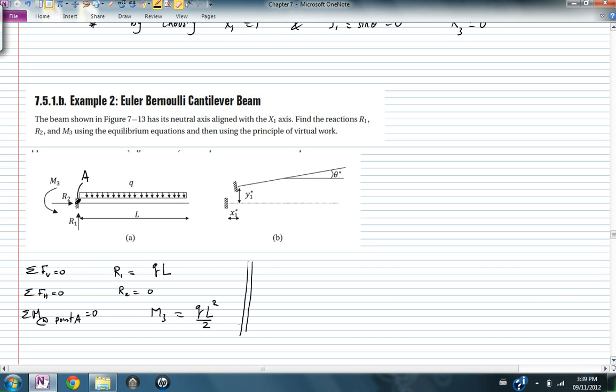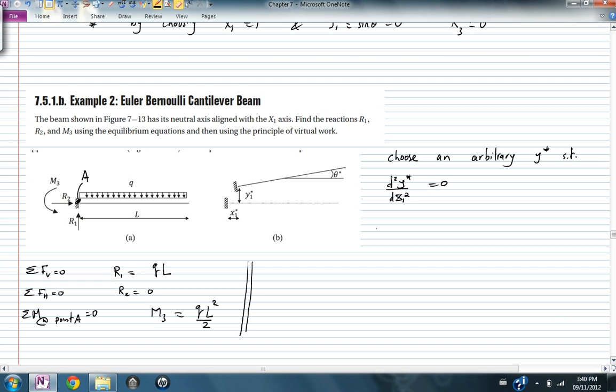So again, we're going to apply a displacement such that the second derivative of that displacement is equal to 0. Choose an arbitrary y star such that the second derivative is equal to 0.